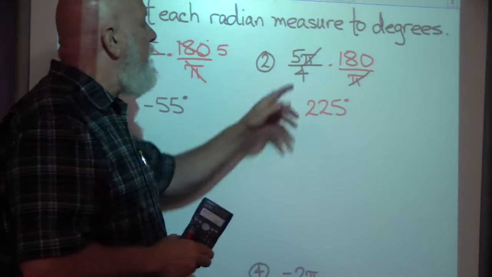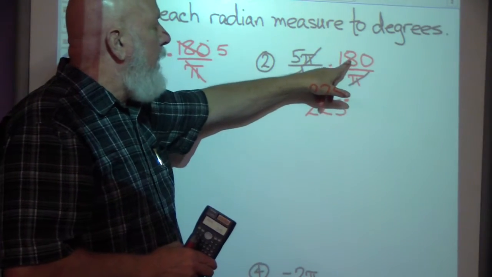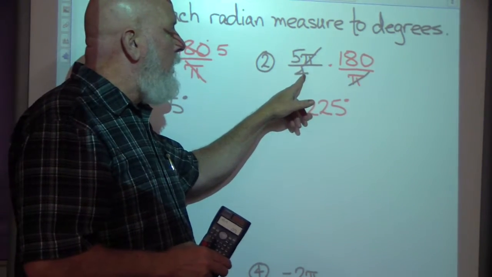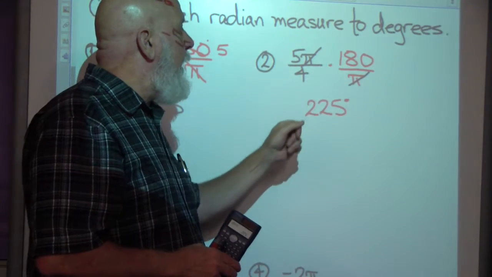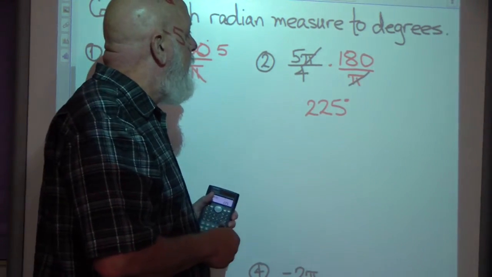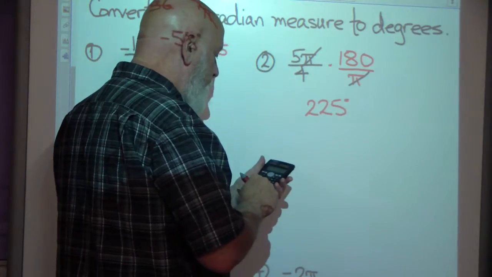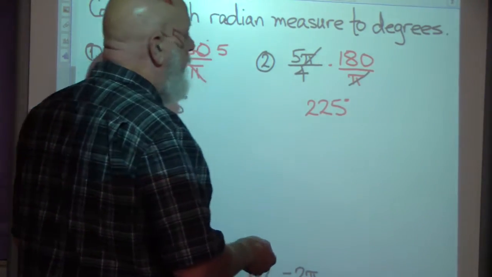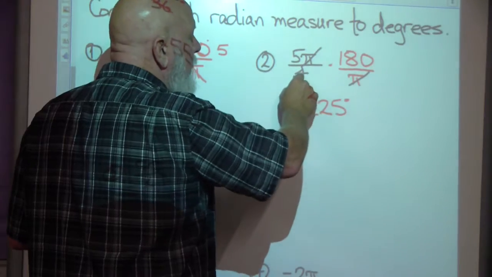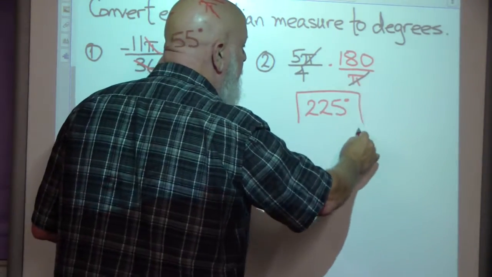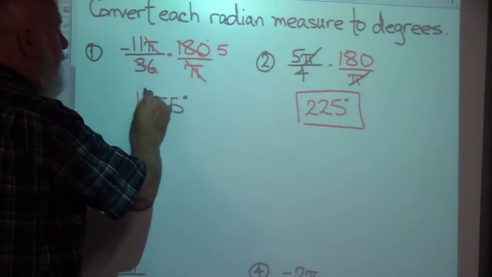So what I did there was I canceled my pi's. I said, hey, 180 divided by 4, I can do that in my head. Hopefully I got it right. It'd be 45, and 45 times 5 is 225. And there we are. We're no longer in radians. We're now in degrees.